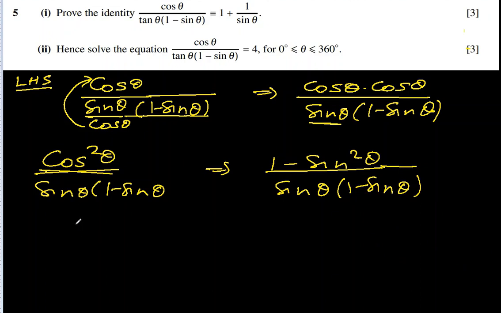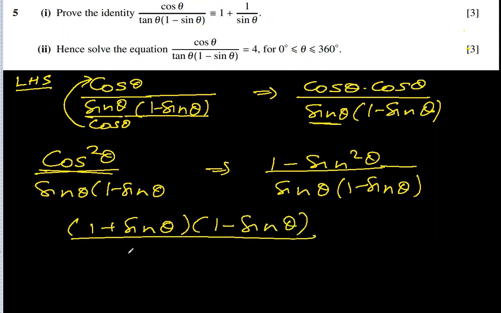So my numerator becomes 1 plus sin theta, not square anymore, times 1 minus sin theta, over sin theta times 1 minus sin theta. And the purpose was to cancel this because both are multiplying now and they can cancel out. We are left with 1 plus sin theta over sin theta. And to meet our target, 1 plus 1 over sin theta, we should separate the numerators now.